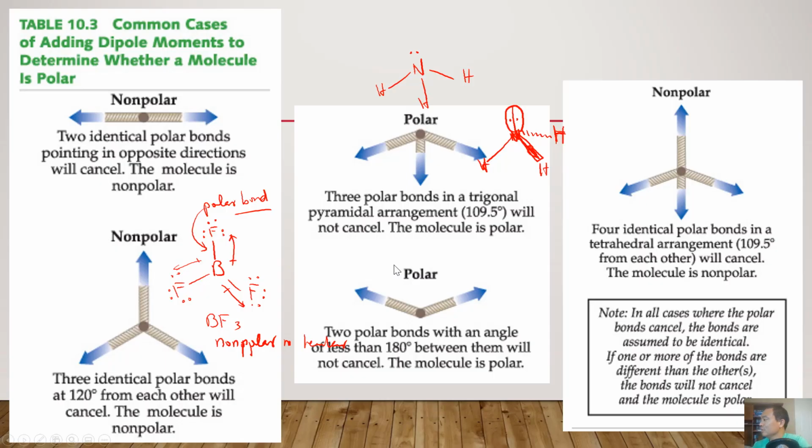We have 3 bonds. This bond is pointing toward nitrogen, this bond pointing toward nitrogen, and this bond pointing toward nitrogen. If it's NH4, if there is no lone pair, all bond polarities will be cancelled out. The tug of war will be balanced. However, in this case, this position is not an NH bond. It's replaced with a lone pair. For this reason, NH3 is a polar molecule, because the tug of war is not balanced.